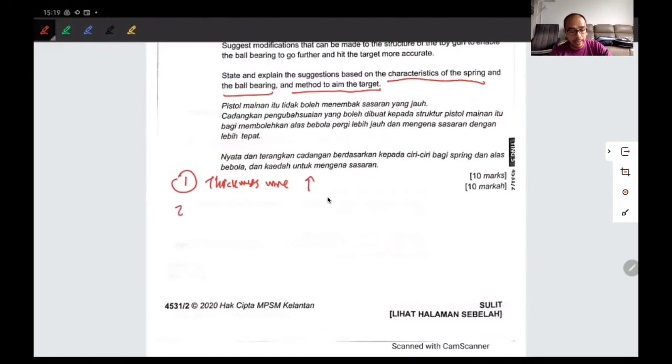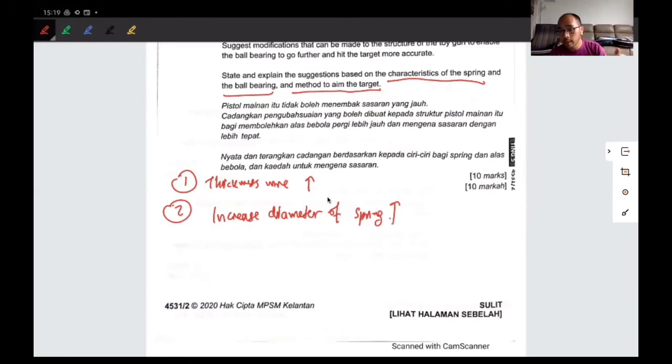Secondly, you increase the diameter of the spring. This is another one. Increase the diameter of the spring, increase the thickness of the wire.